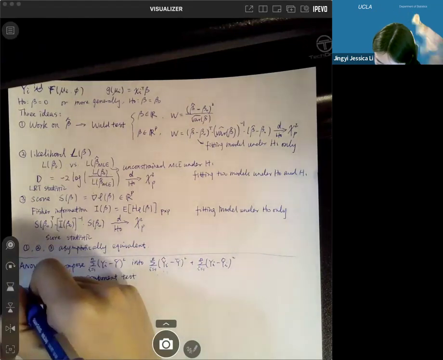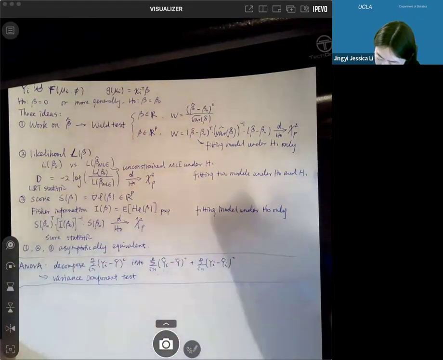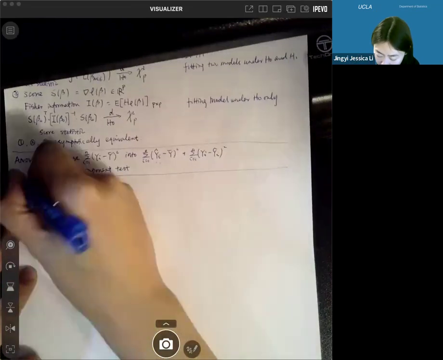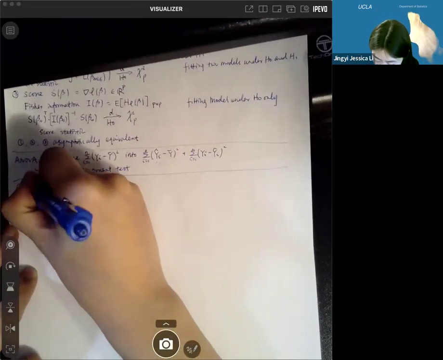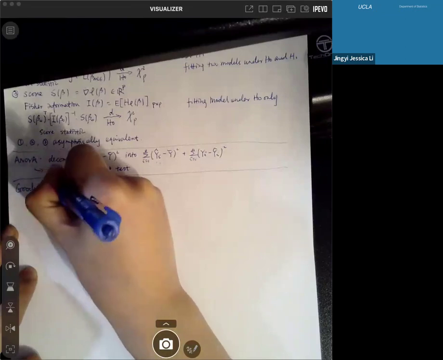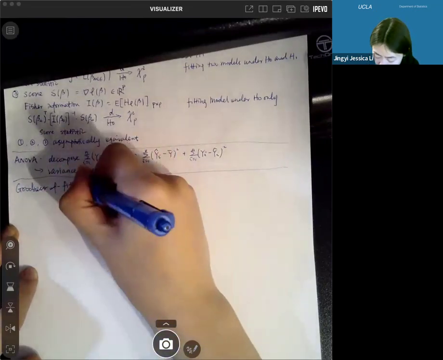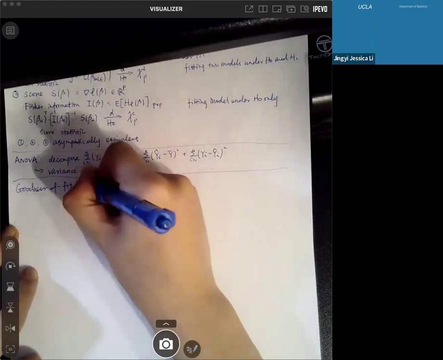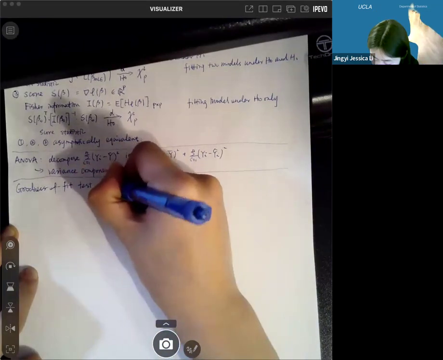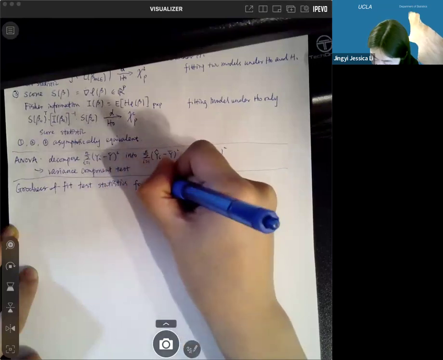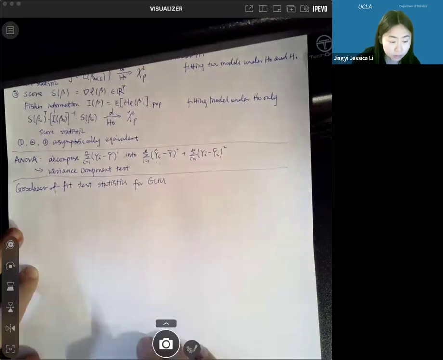So let's say the goodness of fit test statistics for GLM, generalized linear model.